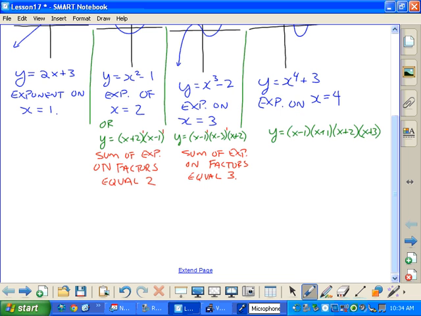So 1 plus 1 plus 1 would give me a 3. And similarly, 1 plus 1 plus 1 plus 1, the sum of exponents on factors equals 4. All right. So there you go. So that's graphical and equation.